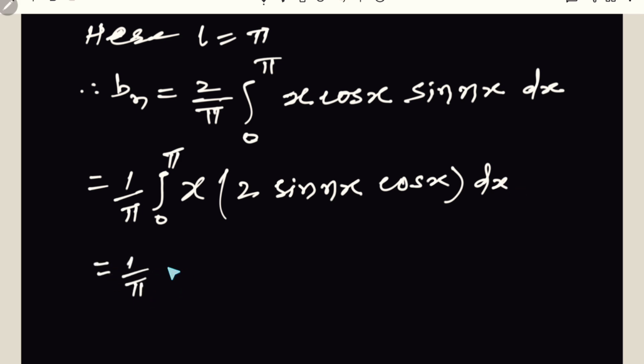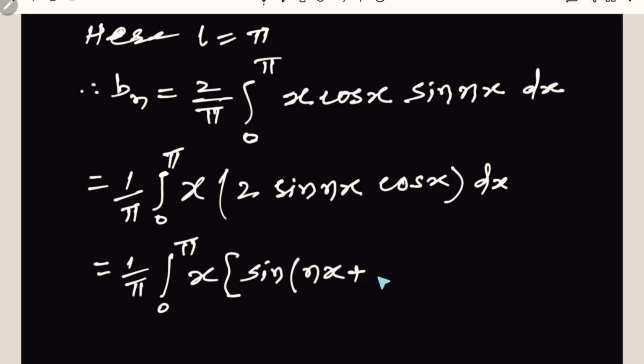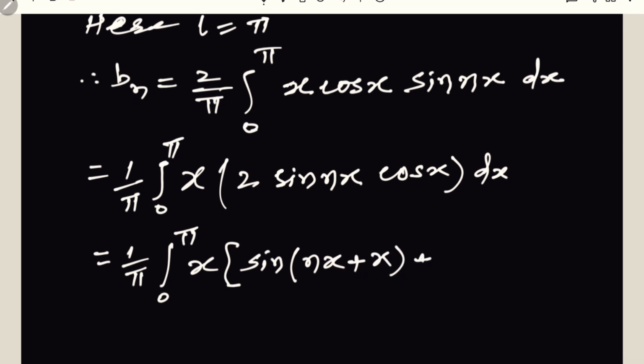Its expansion by the factorization formula is sine of a plus b, means sine of nx plus x, plus sine of a minus b, means sine of nx minus x, and its integration with respect to x.